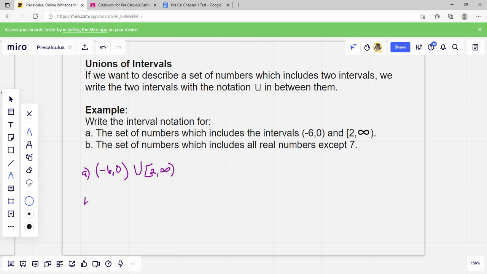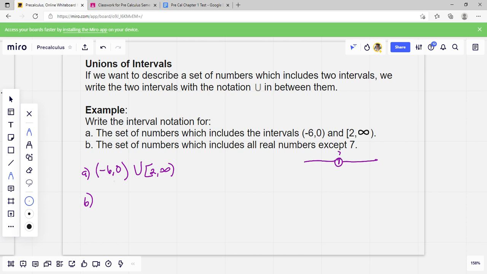For B, we're just going to do the same thing. The set of numbers which includes all real numbers except 7. First we need all the real numbers before 7, and then all the real numbers after 7, right? So it will go along like this, and then we would have 7 right here, and then it'll go along like that. So on a number line, we've got 7 not included.